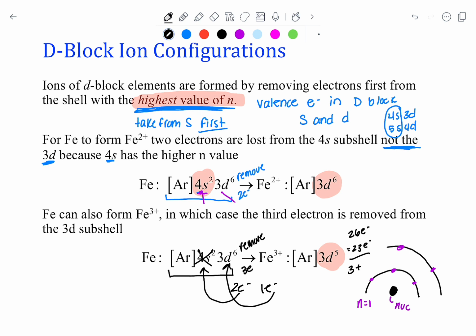So always take from the highest n, and if you have to change from one n to another, that's totally fine as long as you're going in order, because you have to think of these as shells. Like an onion, you have to peel away the top of the onion before you get to the next layer. So think of it like that.